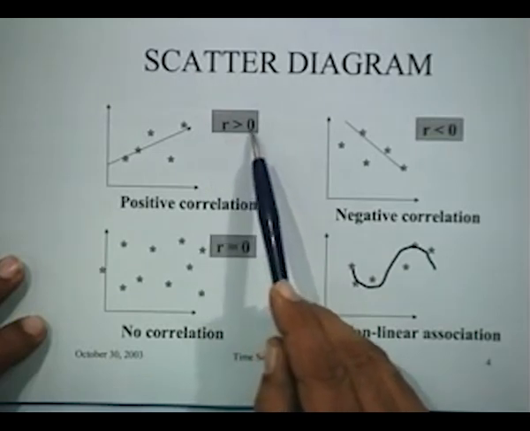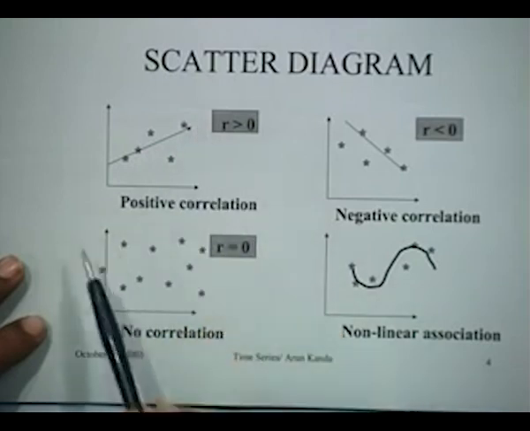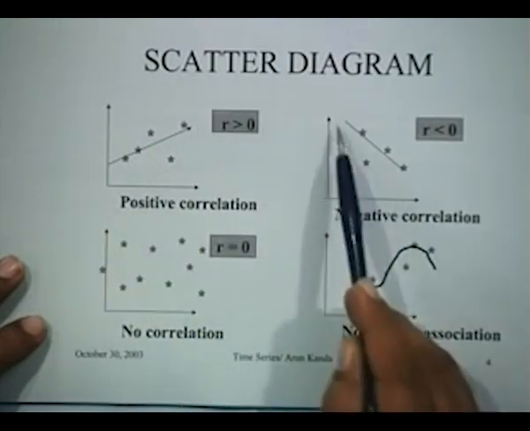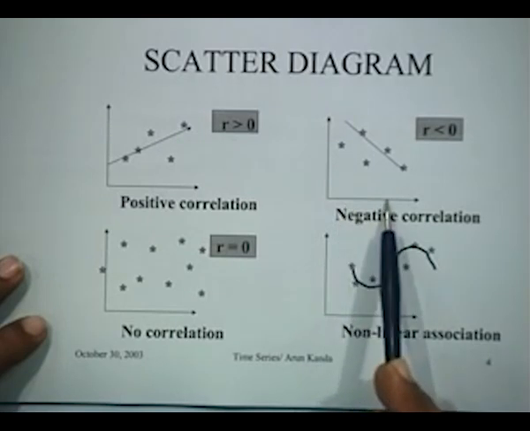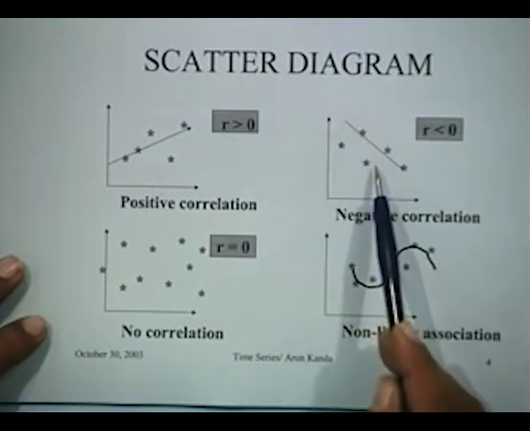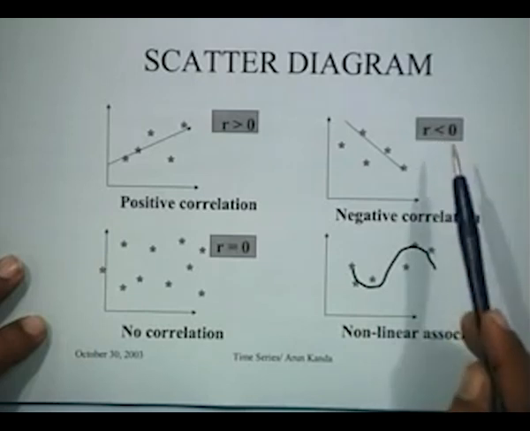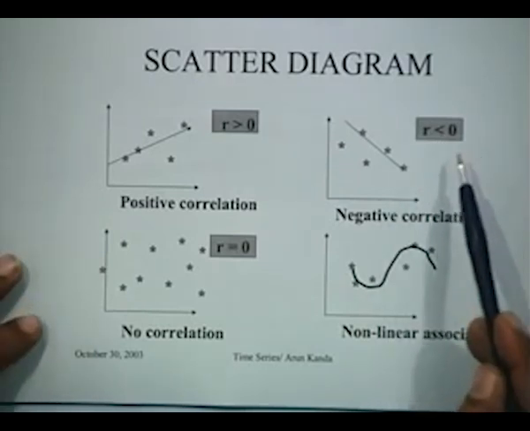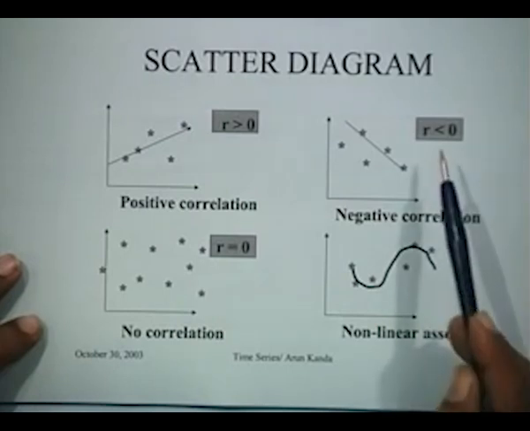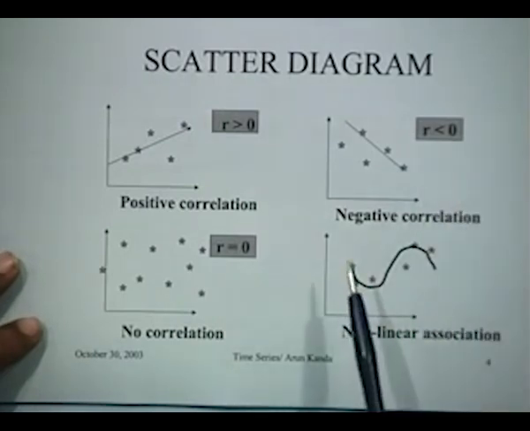So the correlation coefficient between the two variables would be positive when it shows a trend of this nature. On the other hand, when one particular variable increases and the other variable decreases, then the correlation coefficient is said to be negative, and a negative correlation therefore really means that as one variable increases, the other decreases. That is the physical significance of the correlation coefficient.